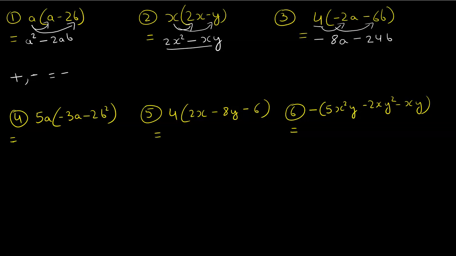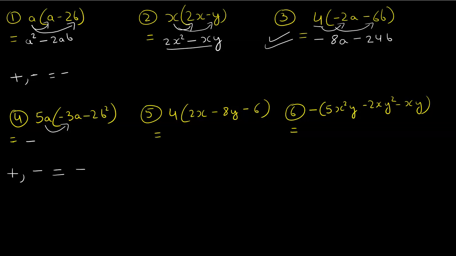Okay. Fourth problem, try to do it yourself. It's also very similar to the third problem. So how do we do that? 5a times negative 3a. Again we have one positive sign, one negative sign. So when we multiply these two signs together, we get a negative sign.